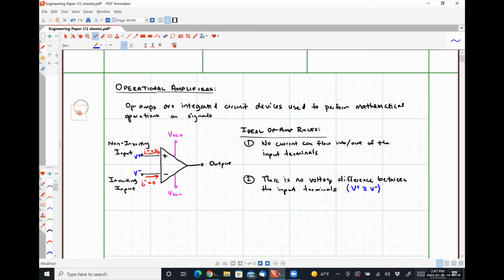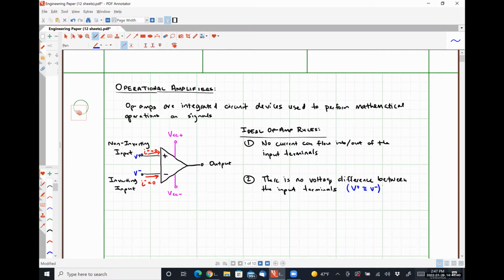This constraint occurs because the open loop gain of the OpAmp is extremely high, on the order of a few 100,000 usually. Okay? Now we are going to be using these in what's called a closed loop configuration, and I'll explain what that means in a moment when we analyze a circuit.